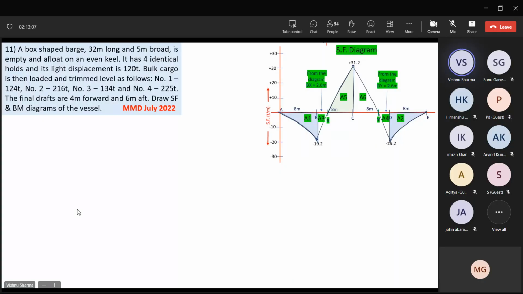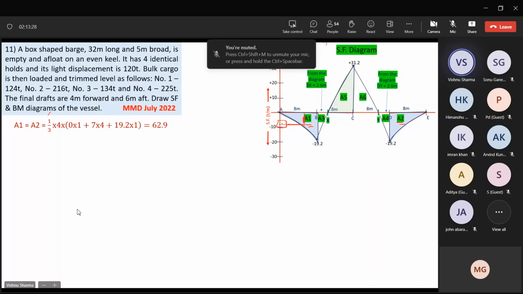A1 I have calculated by using Simpson's rule. You can see area A1 calculated here. And I'm sure you'll agree, A1 and A2 would be the same. 1/3 is the coefficient. If I take a middle ordinate here, read off this from the graph, I get 62.9 as area A1.